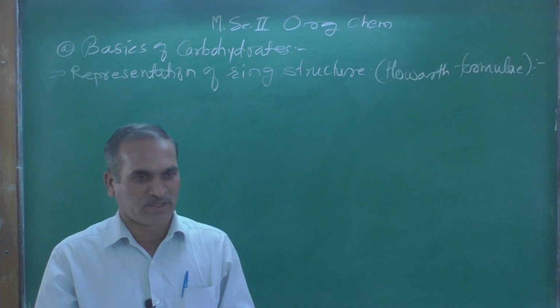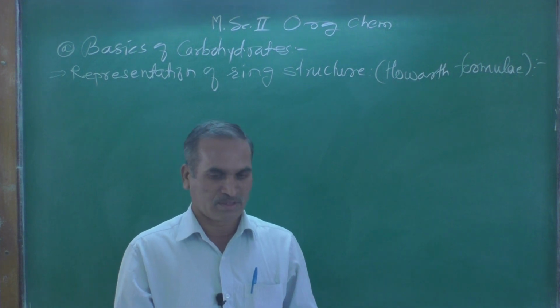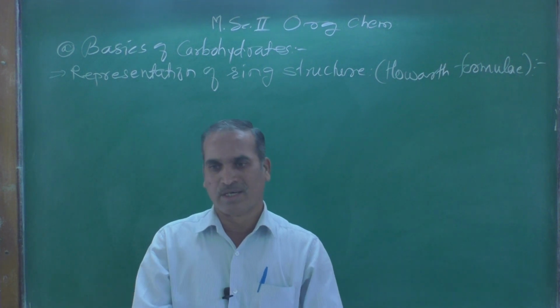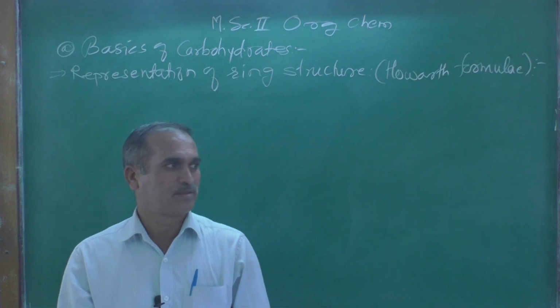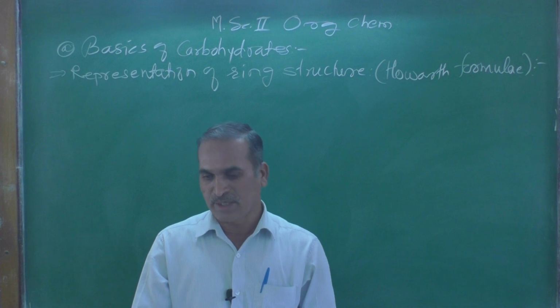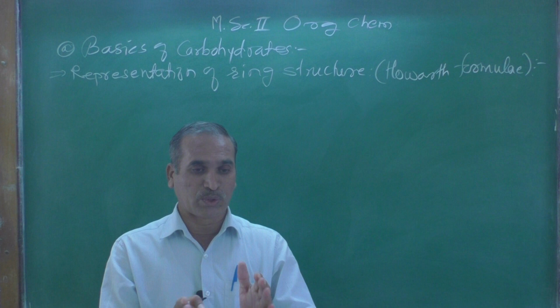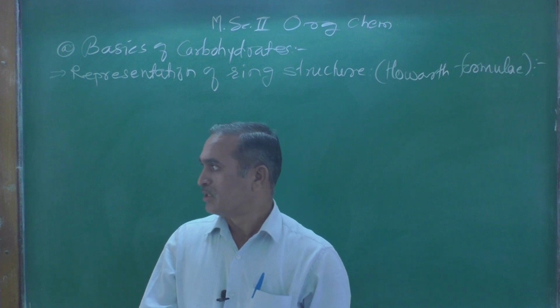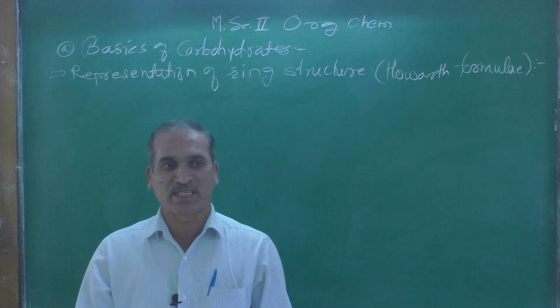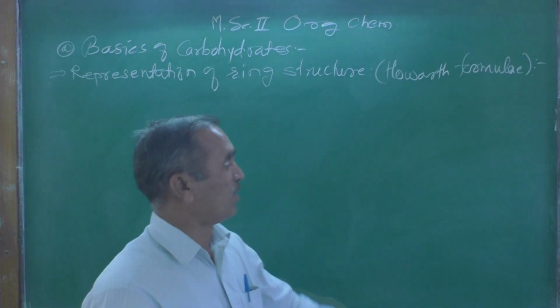Now onward, whenever a cyclic form is considered for glucose or carbohydrate, we are going to take into consideration the Haworth formulae.